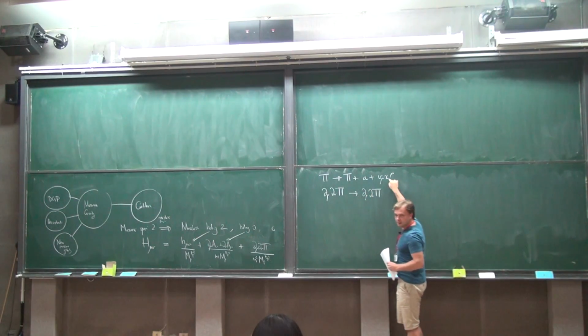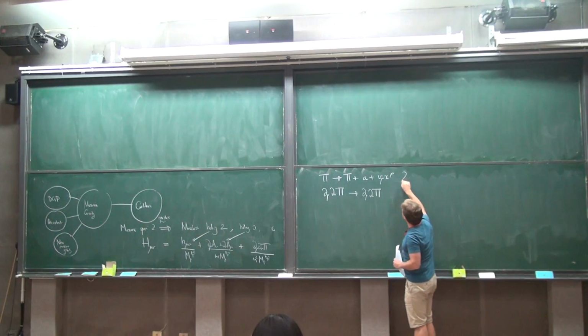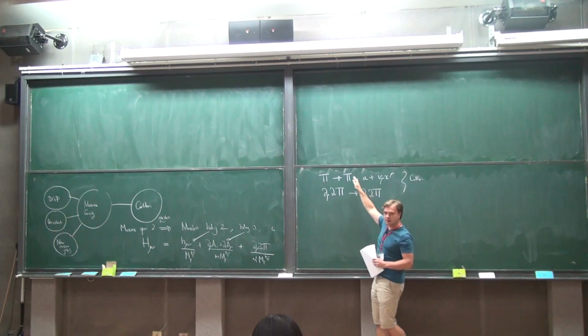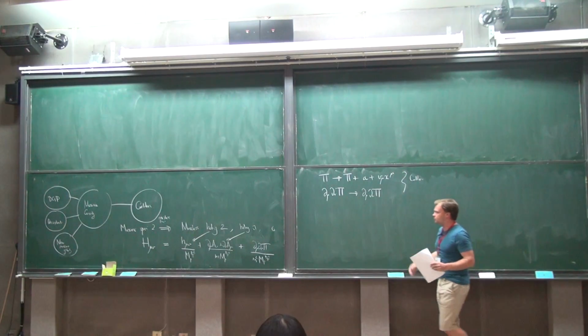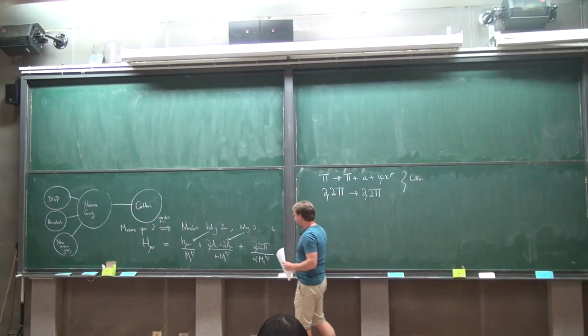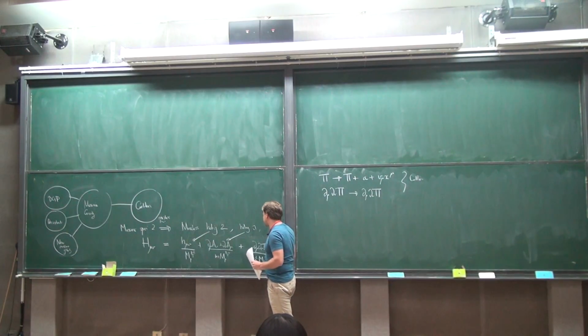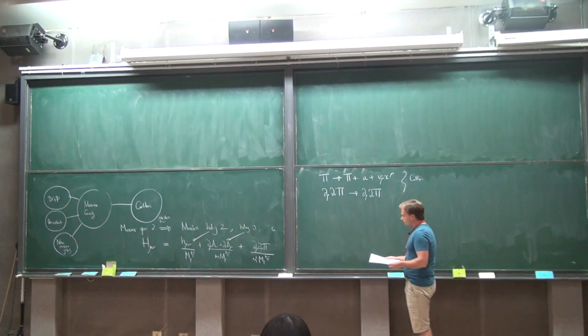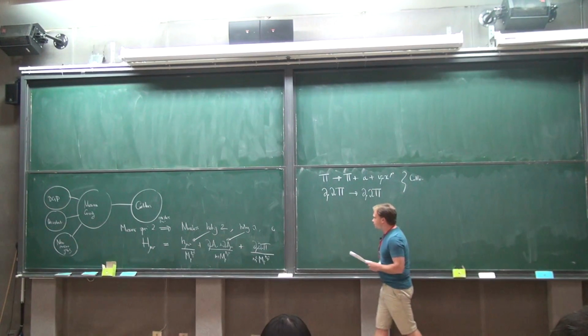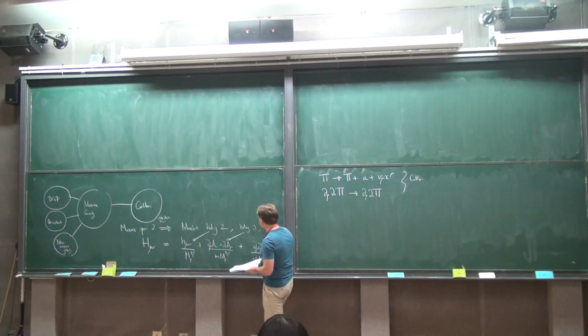And any scalar field with this symmetry is called a Galilean, just because this symmetry looks analogous to what we normally think of as the Galilean symmetry, the non-relativistic limit of the Lorentz symmetry. And so generically we always get this.